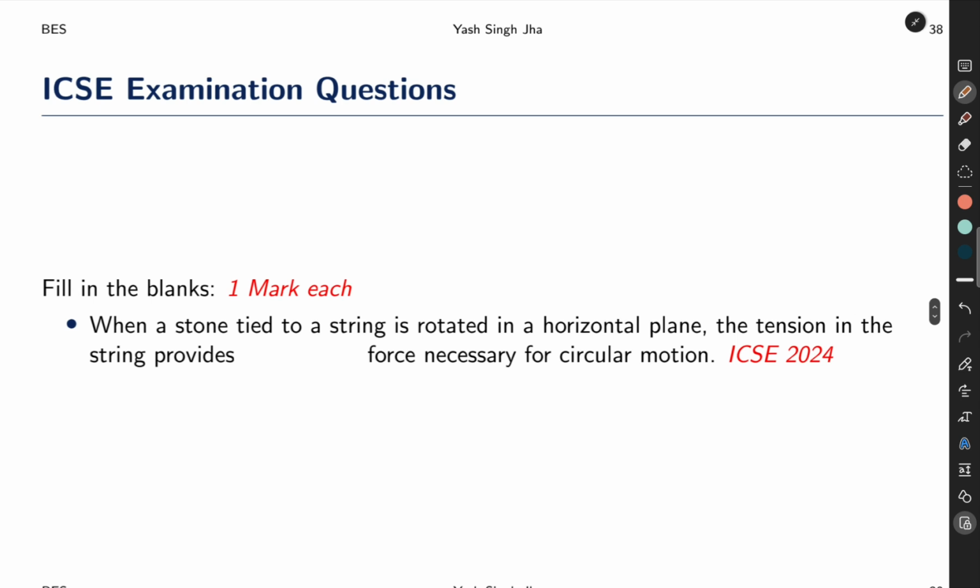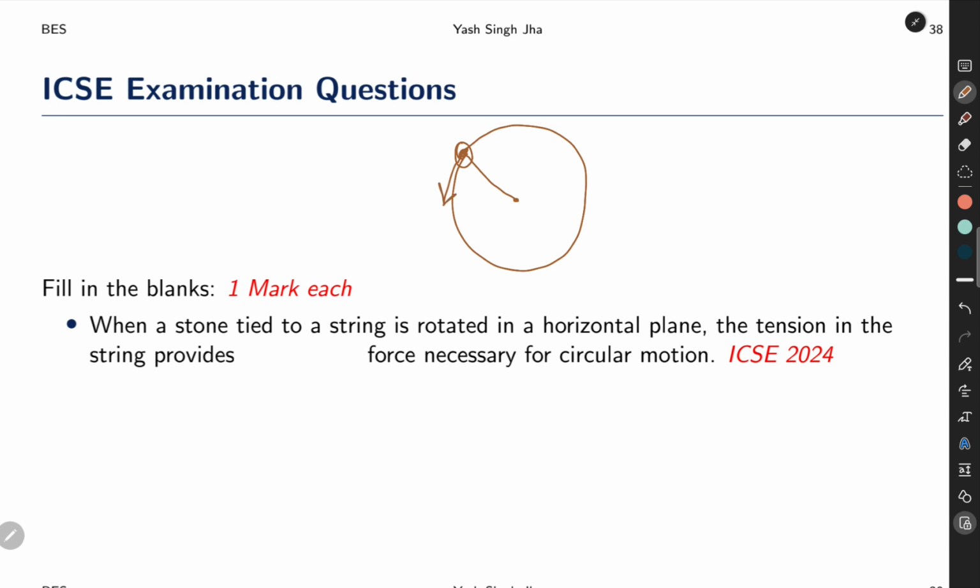When a stone is tied to a string and rotated in a horizontal plane, the tension in the string provides dash force necessary for circular motion. So looking from the top, if this is the stone, it is tied on a string and rotated in a circle, right?